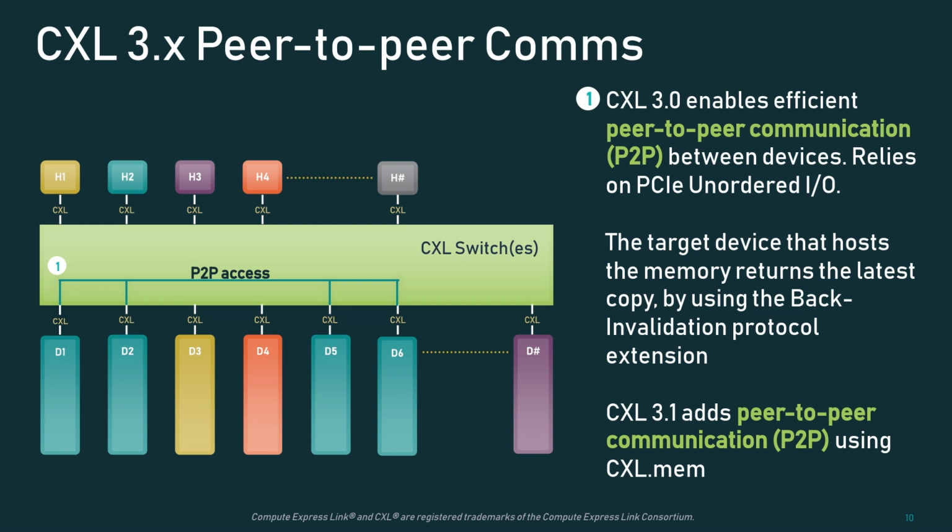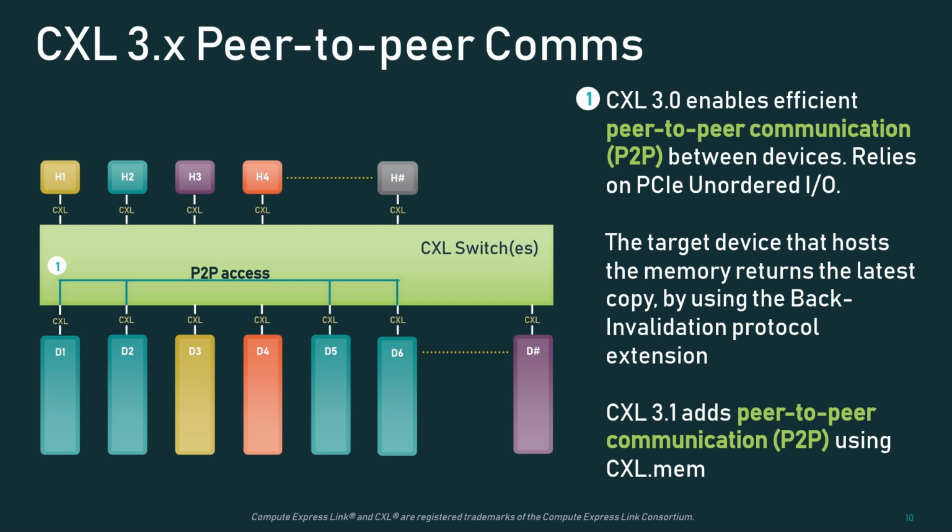One of the key things that was added in 3.0 was the ability for the target device to manage coherency. What can happen is that when a PCI device, a requester, asks for a cache line from the memory device directly through the switch, one of these hosts or CPUs may have cached it in its local cache.